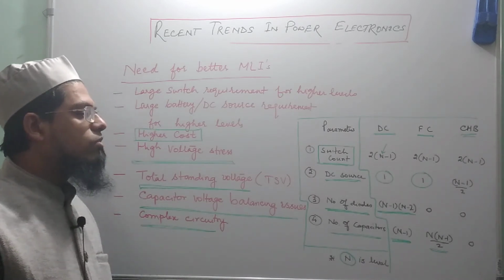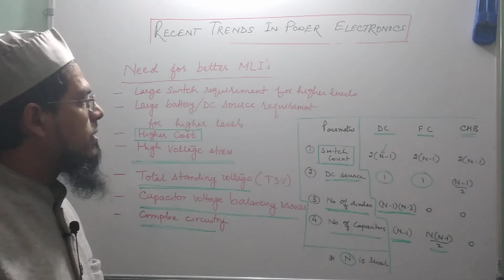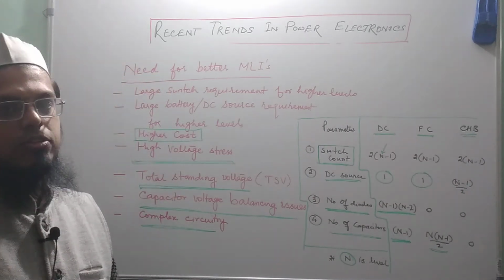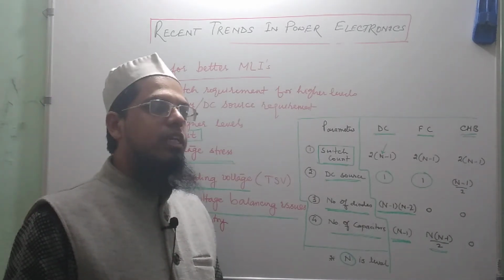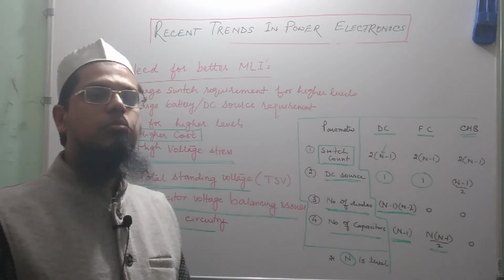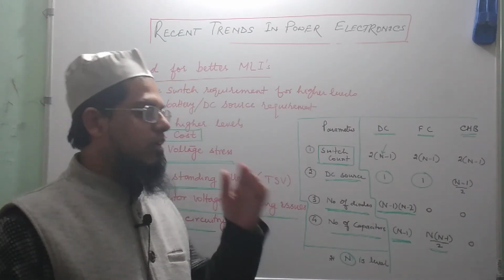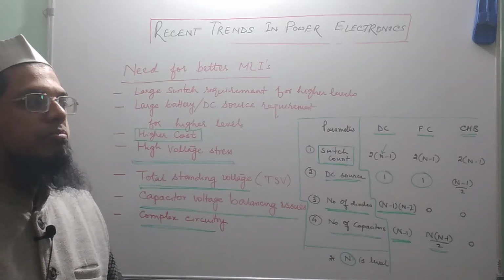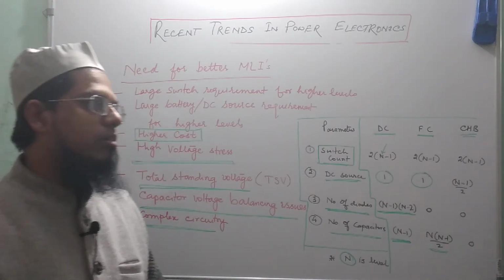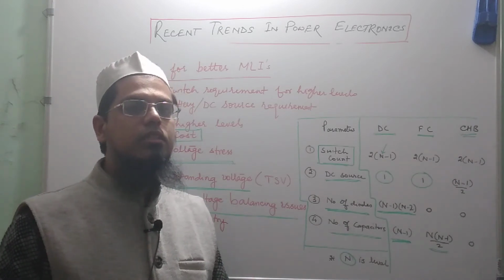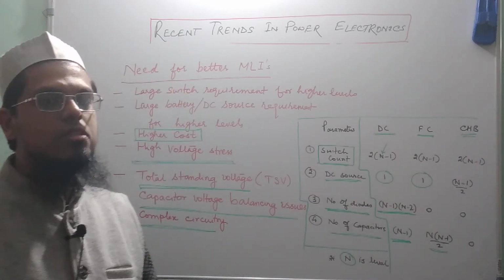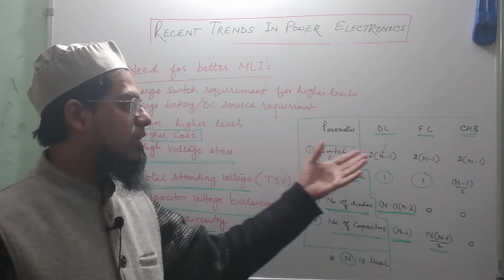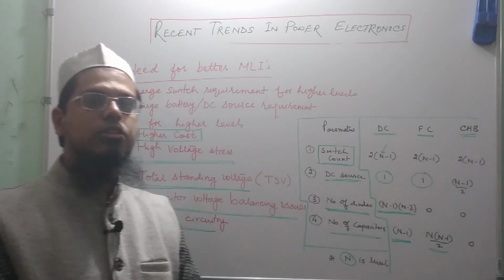So now we will look into what we can do with this. More recently, newer topologies have been proposed in this area of multi-level inverters, and we will see that they have got lots of advantages compared to these conventional topologies, and they do overcome the shortcomings that are associated with conventional topologies.